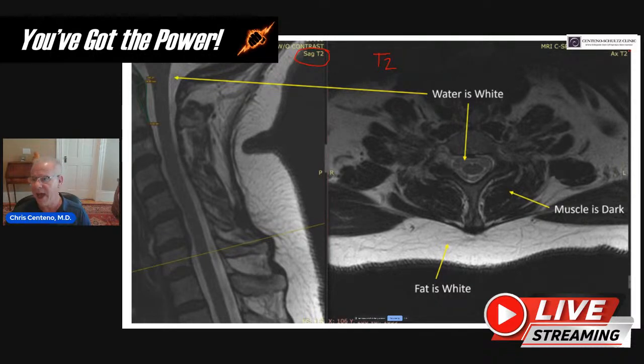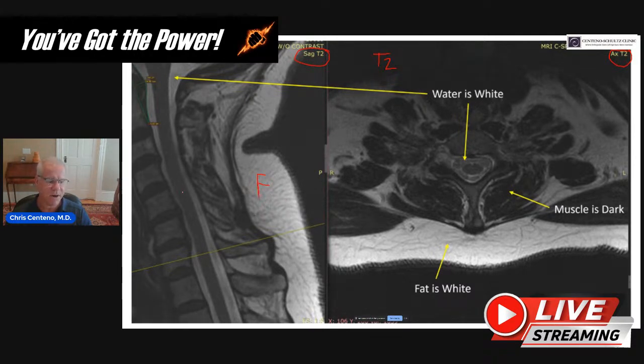And over here, you see AX T2, and AX is axial, which is a top-down or really a bottom-up looking image. So that gives you some idea of what's going on there. So you see here fat, which is this white color. That's the fat underneath the skin.